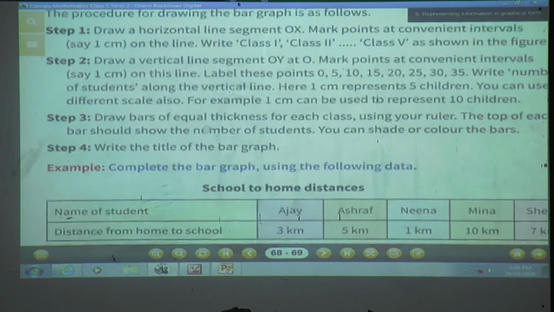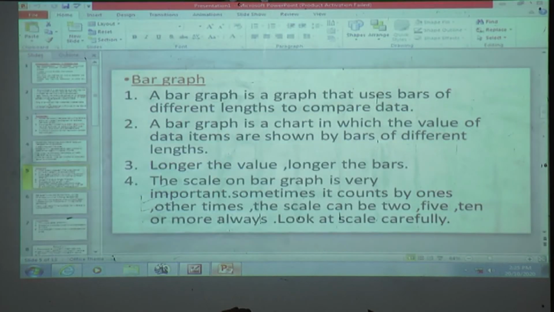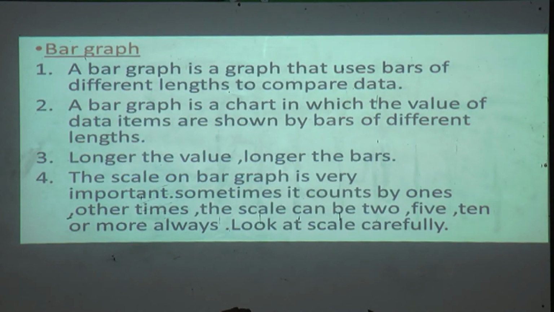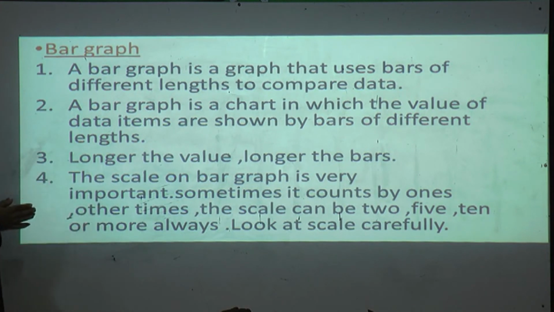Now we'll see in detail what is meant by a bar graph. A bar graph is a graph that uses bars of different lengths to compare data. So a bar graph is a chart in which the values of data items are shown by bars of different lengths. Now the longer the value, the longer the bar.